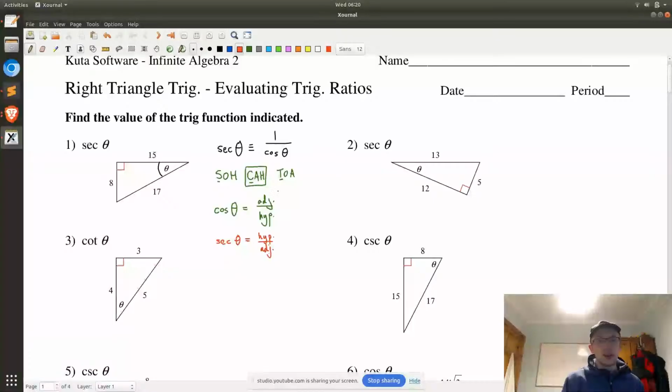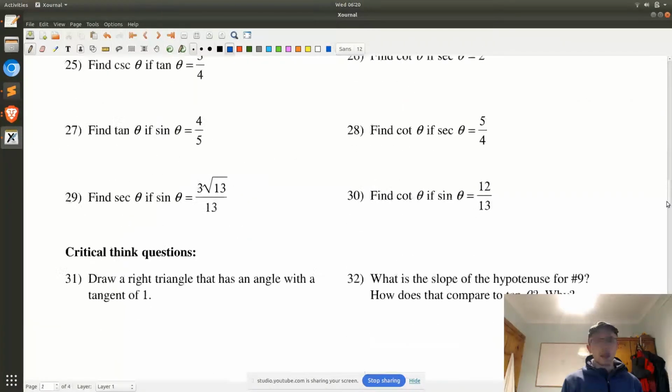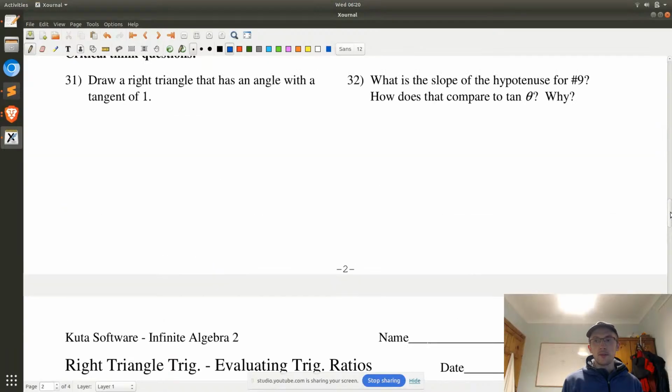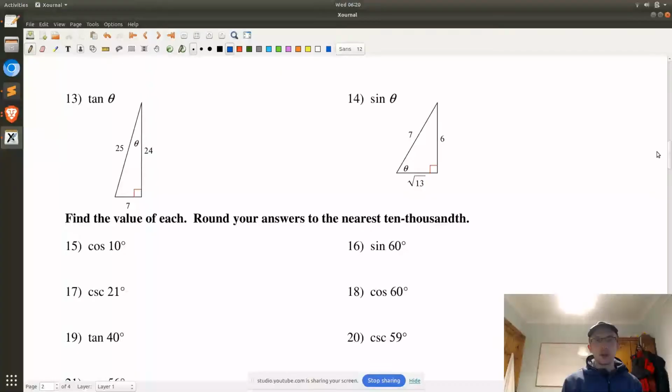So in this particular case, it should be 17 over 15. Okay, let's see if that's correct. Scroll down a little bit, and bingo, 17 over 15. Or 1 and 2/15, if you like.